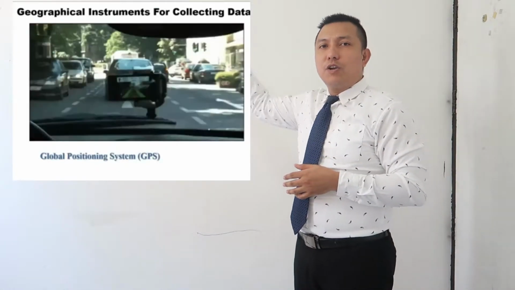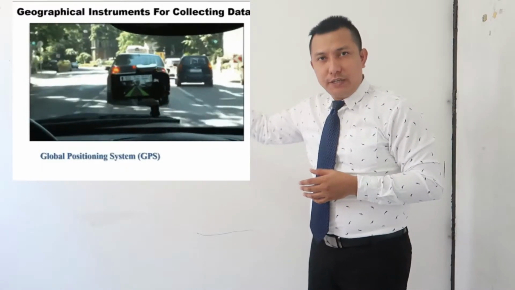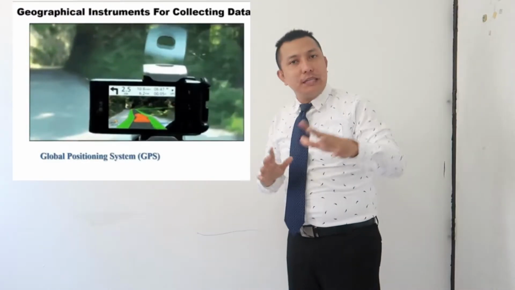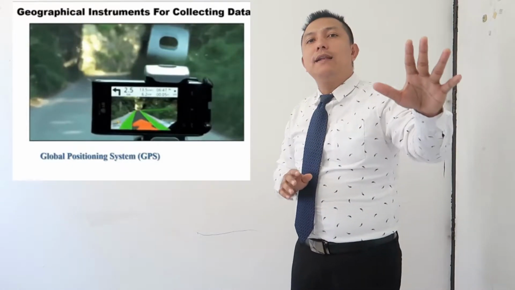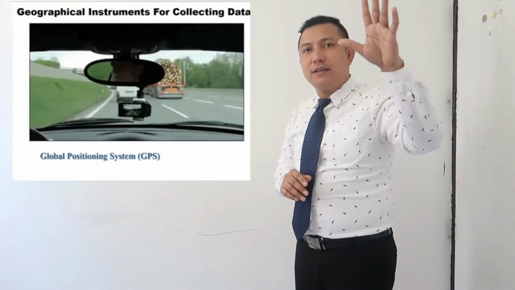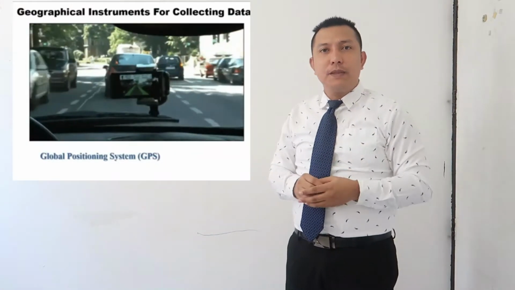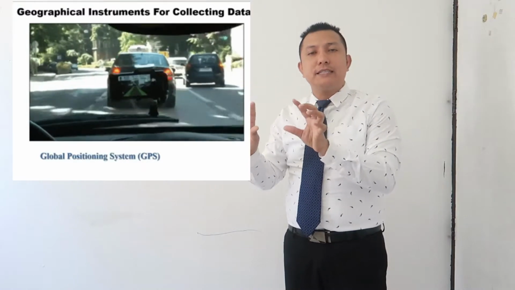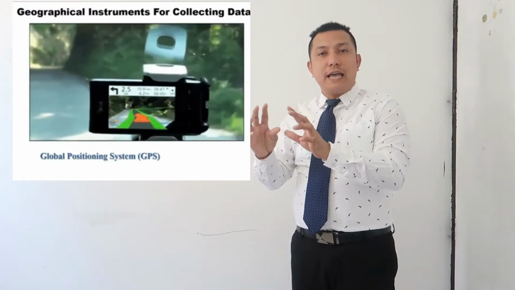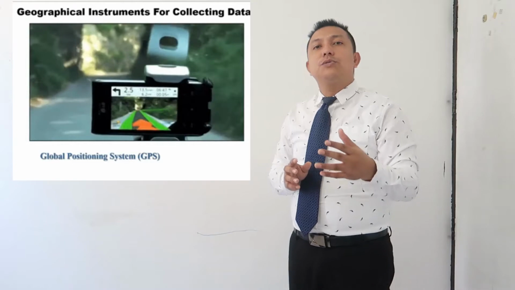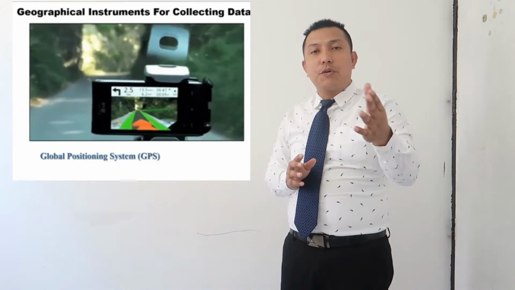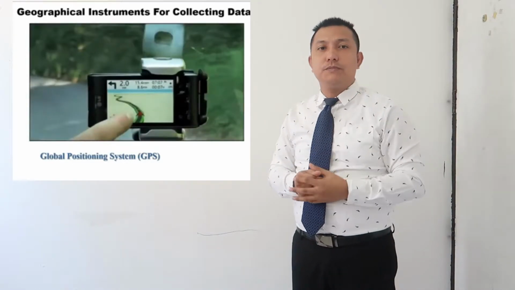GPS stands for Global Positioning System. Repeat after me. Global Positioning System. As you can observe, for those taxis in Thailand or anywhere, they have this GPS connected to their taxi. The use of that is to find the location where they're going to go.